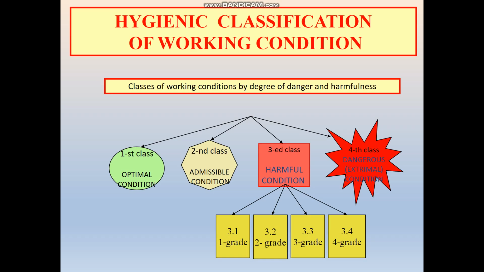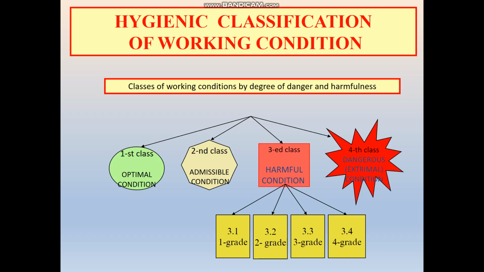The first and second types are referred to as safe working conditions. Harmful working conditions, type 3, are characterized by the presence of harmful production factors which exceed the permissible hygienic norm and may cause health problems in the worker and his offspring.